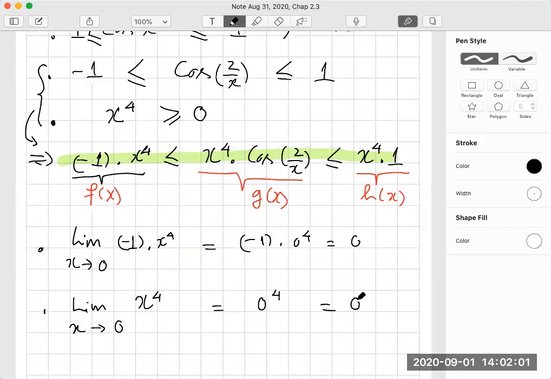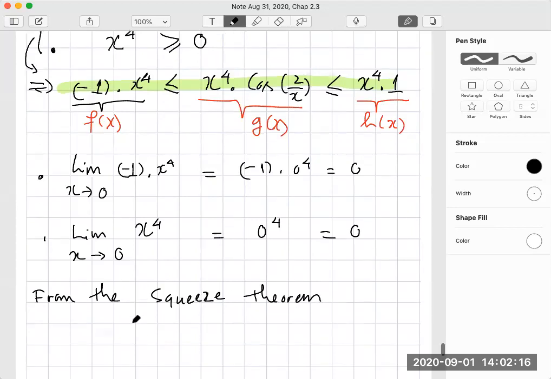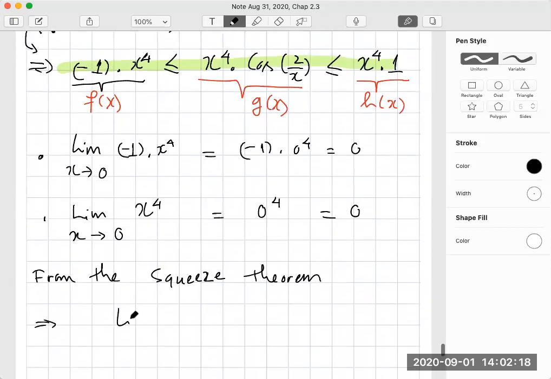So from the squeeze theorem, we know that it should be 0.